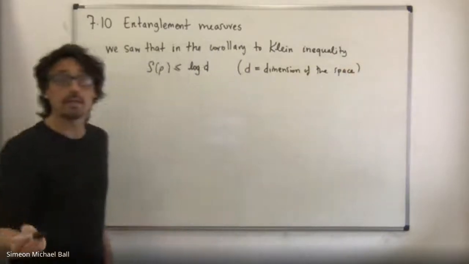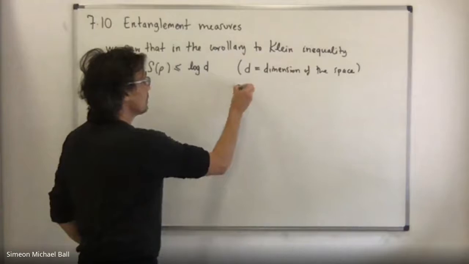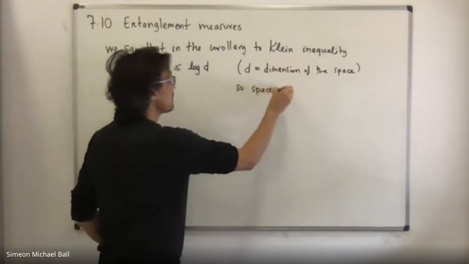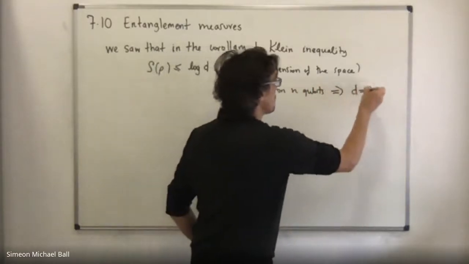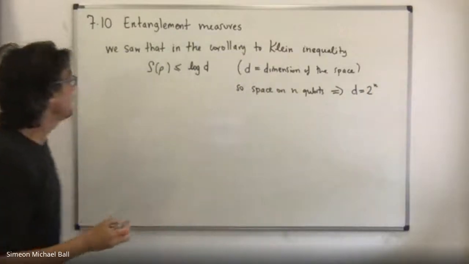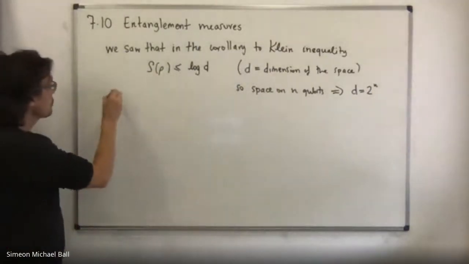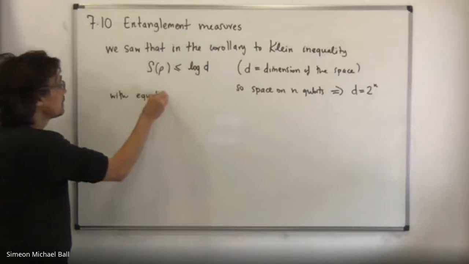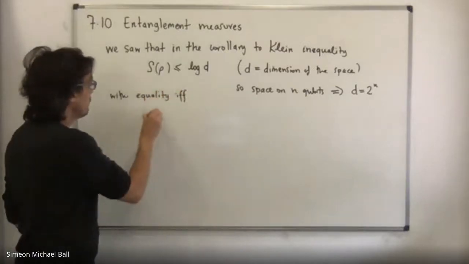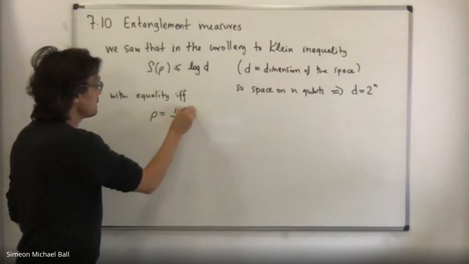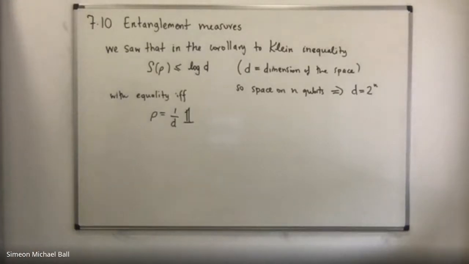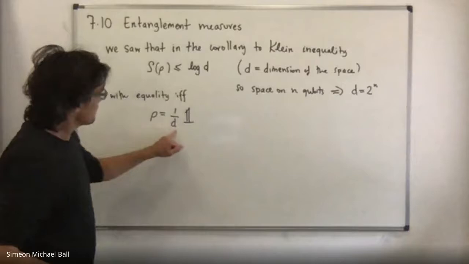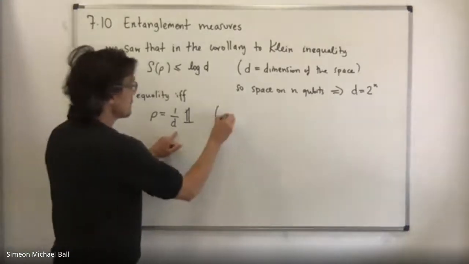So usually, for a space on n qubits, d is 2 to the n, and here we would have n. And we saw equality if and only if rho was 1 divided by d times the identity. So in this sense, we say that rho is a completely mixed state.